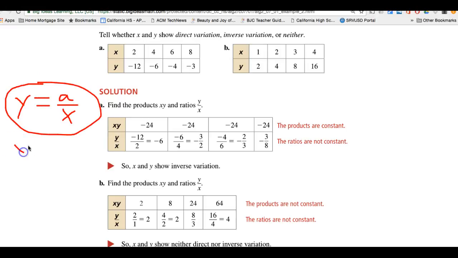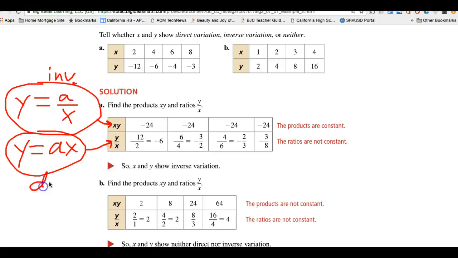If the ratio is constant, it means you have direct variation because they fit this format. Okay, so remember, if the product is constant, you have inverse. You should all be writing this in your notes. And if the ratio is constant, you have direct variation. And if neither of those are constant, like in this case, then it's neither direct nor inverse variation. Okay, so you can always come back and pause this to look at it when you're doing your sample problem.